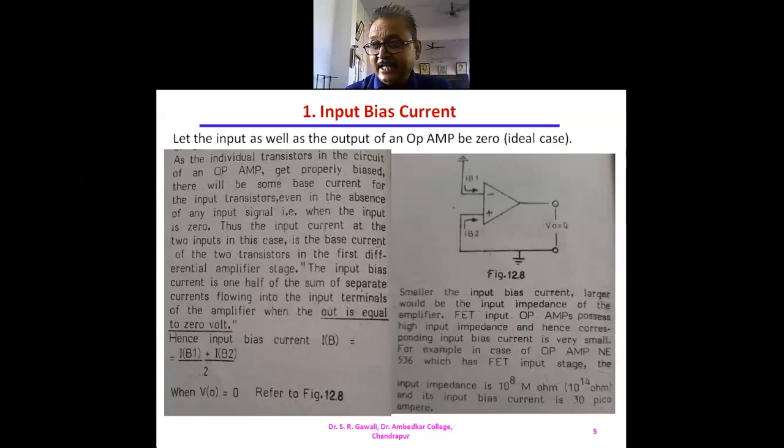Output of the operational amplifier should be 0, isn't it? But even though the output is 0, because of the proper biasing of the transistors, some input current flows to the input terminals of the operational amplifier, and that input current is IB1 and IB2. I have shown it in this diagram.